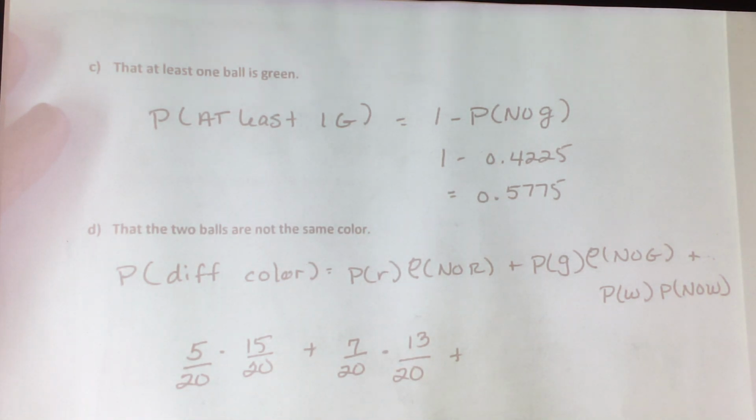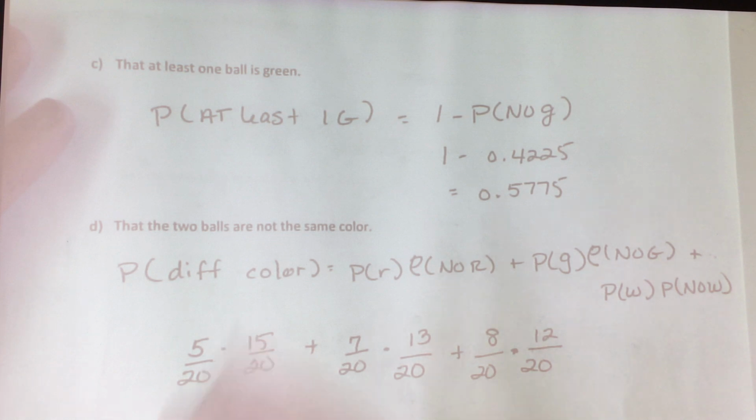And now the white, here you have 8 white balls over 20 times the probability of not white balls, and you have 12 that are not white. So times 12 over 20. I'm now doing all that calculation.